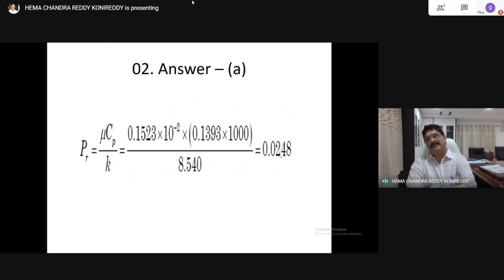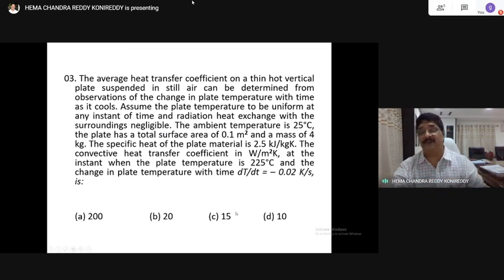When Prandtl number is low, thermal diffusivity effects are felt longer. That means the thermal boundary layer is above, and the hydrodynamic boundary layer is much lower. So heat transfer takes place well, whereas the viscous effects will be felt only for a very short distance.